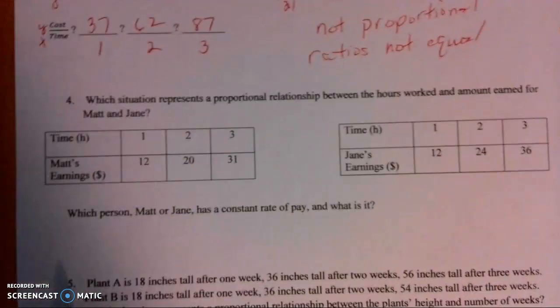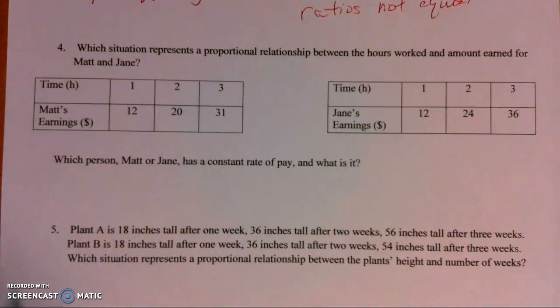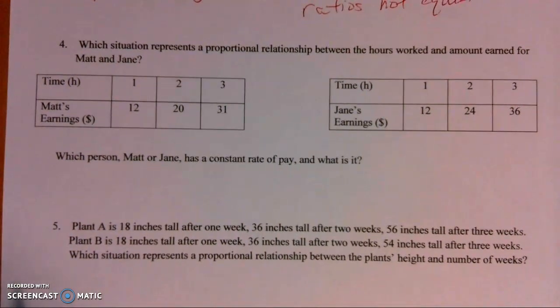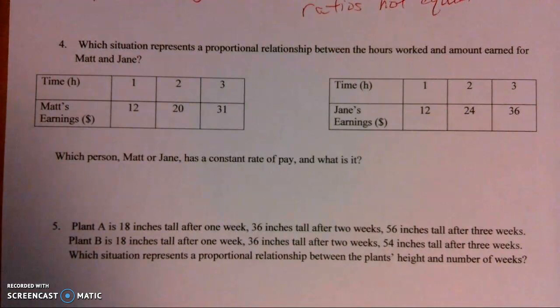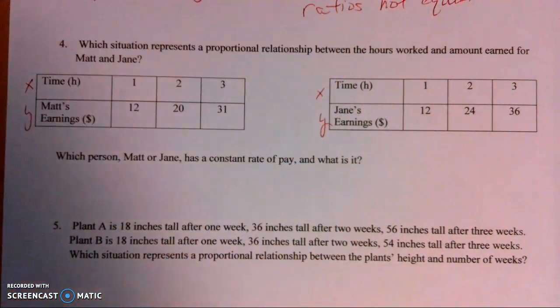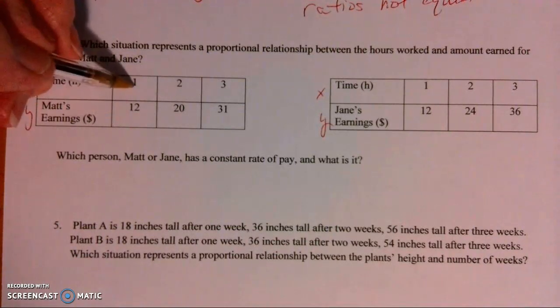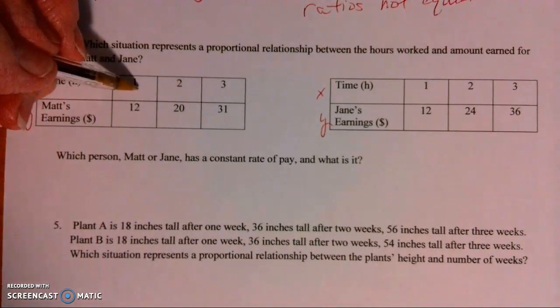Number 4, which situation represents a proportional relationship between the hours worked and the amount earned for Matt and Jane? Here again, just put that X and Y right there. This will begin to make a little bit more sense as we go through and work more with proportional relationships. So again, I need to do 12 divided by 1.